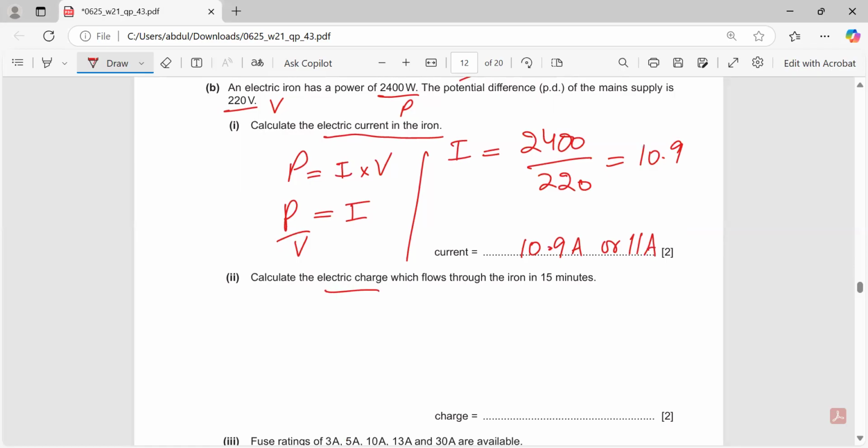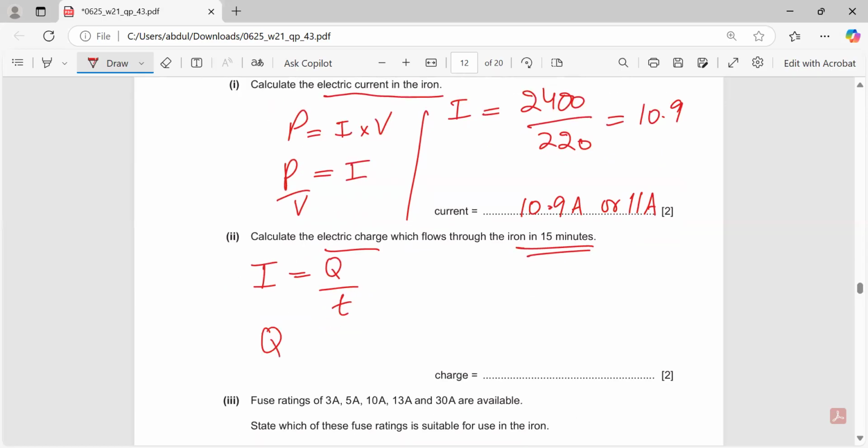Calculate the electric charge which flows through the iron in 15 minutes. So, current is rate of flow of charge, Q over t. Making Q the subject of the equation, I times t. I'm telling you to remember it, IT, which means information technology. So, Q is equal to 10.9 times time, which is 15 minutes.